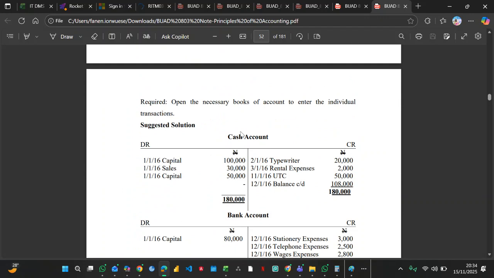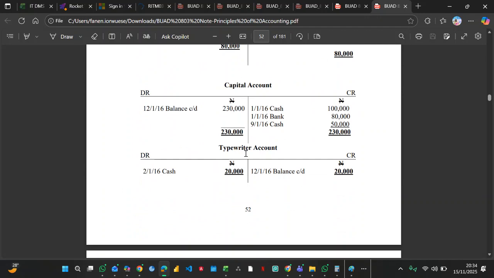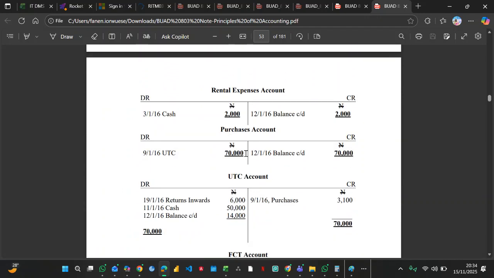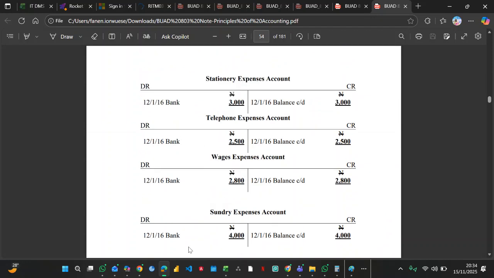Yes. Okay, so for clarity, I want to confirm. I might be wrong, but I think based on the question we can determine whether it's credit or debit.